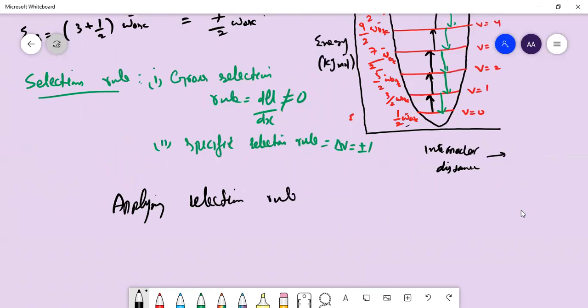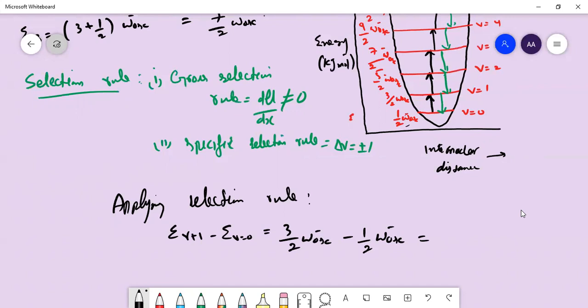Applying the selection rule, if I have to find the difference between two energy levels, for example, E(v+1) minus E(v) with v equal to 0, the value of E(v+1) is 3/2 omega oscillation bar, and for E0 it is 1/2 omega oscillation bar. What will be the difference between these two?